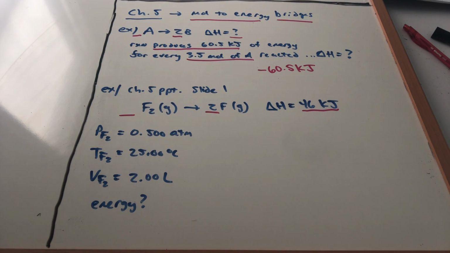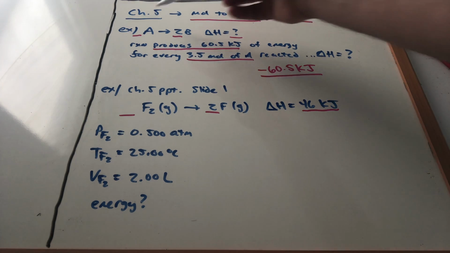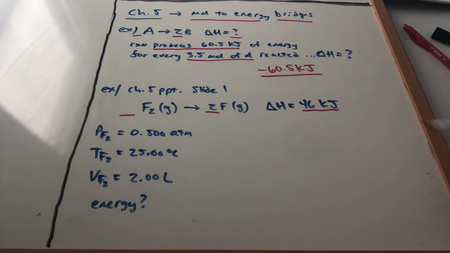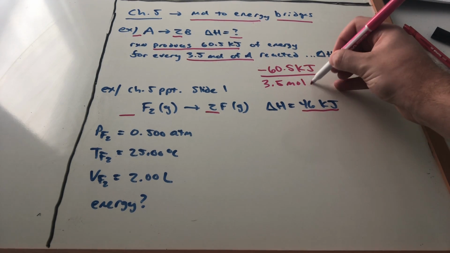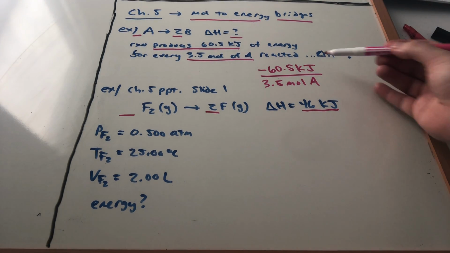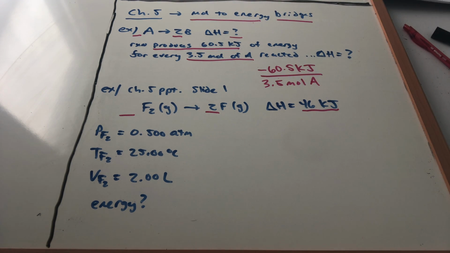Produce means exothermic. It means that energy is given away. Now, I know that this is really a mole to energy bridge hidden up there. I'm going to divide by the moles of A. Now I've made a mole to energy bridge that I'll be able to interpret up into this reaction.